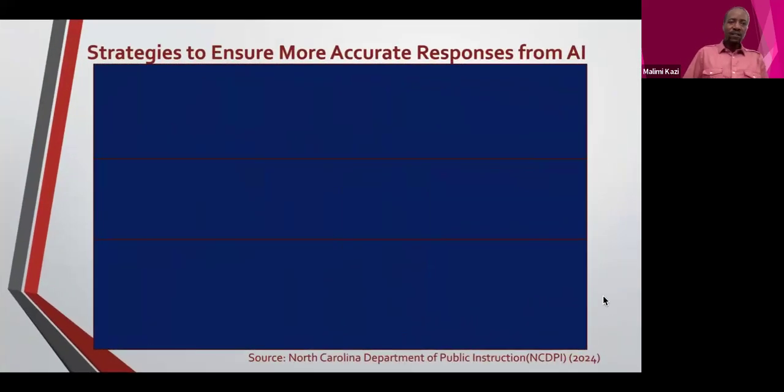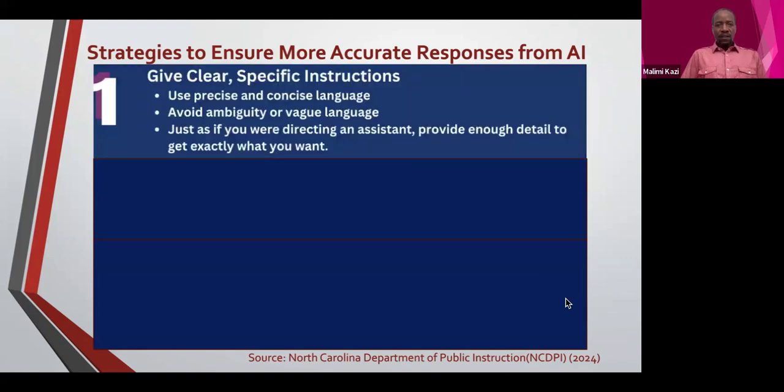Now let us see strategies to ensure more accurate responses from AI tools. The first strategy is to give clear, specific instruction. Use precise and concise language.